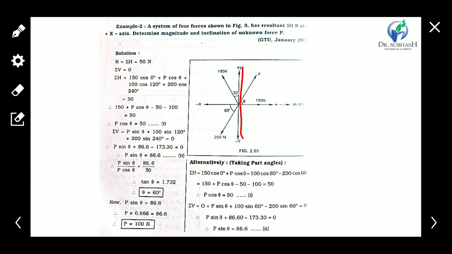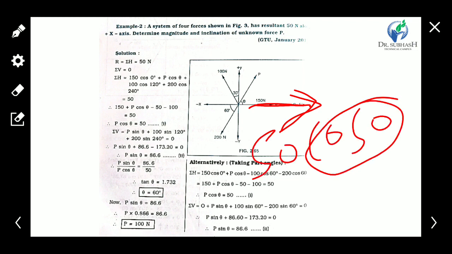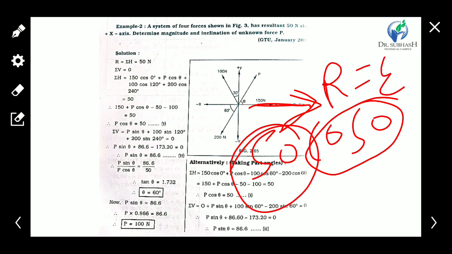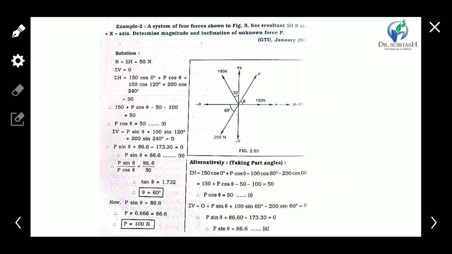is equal to 0, because the resultant is perfectly horizontal, and its horizontal component is 50 cos 0. Cos 0 is 1, so it's 50. So R is equal to the horizontal component. And this horizontal resultant's vertical component is 0 because it's perfectly horizontal.